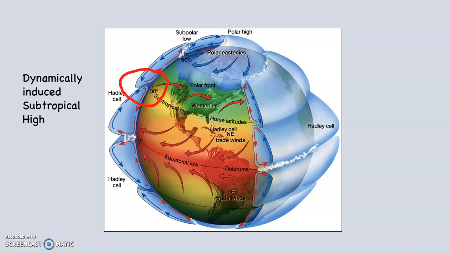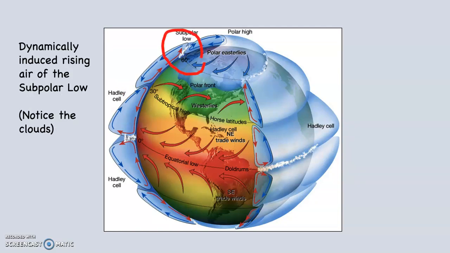And it comes down right about 30 degrees north or south, but we're going to concern ourselves with the northern hemisphere. And as it comes down, notice there's no clouds there. This is the dynamically induced subtropical high of the northern hemisphere. Now look, as the air comes away from the subtropical high and heads north, you have a red arrow going north.